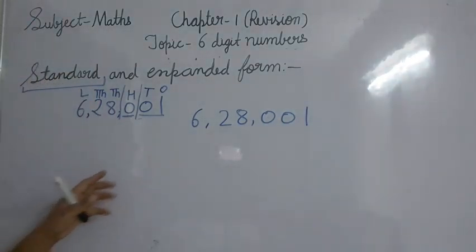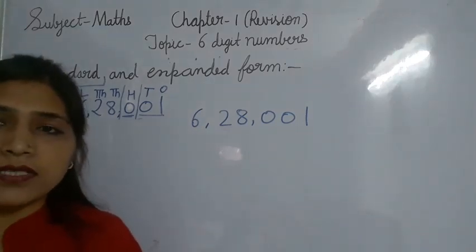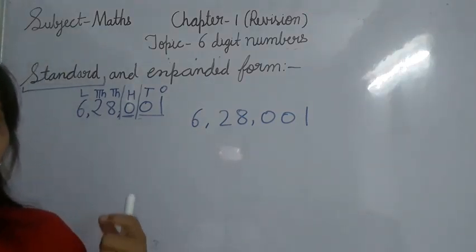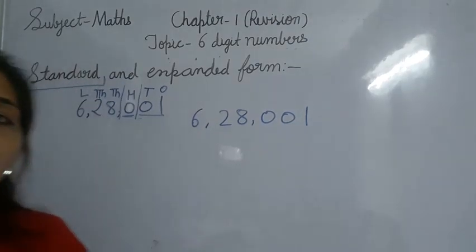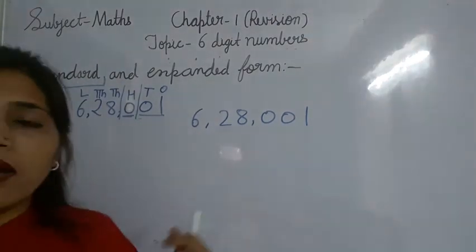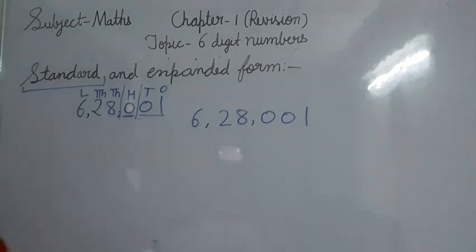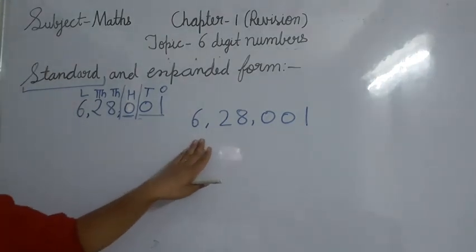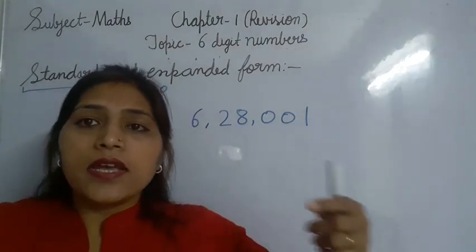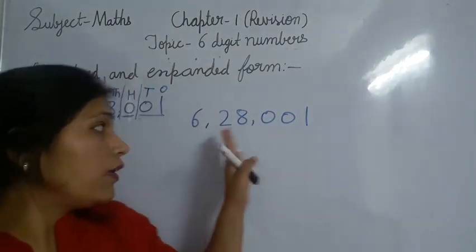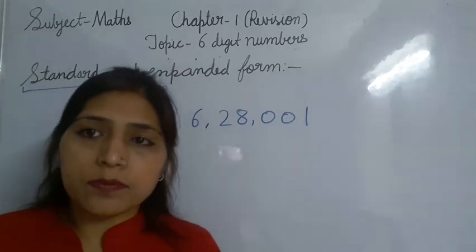Again I am telling what the meaning of expanded is. In my previous video I explained it very well. Expanded means to stretch anything. If we enlarge this number, if we open this number, that is called the expanded form.